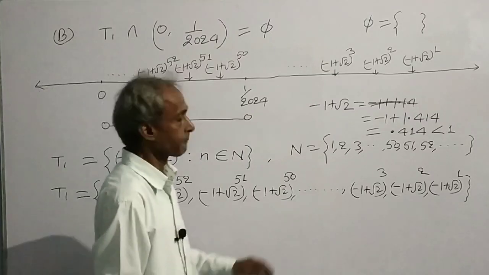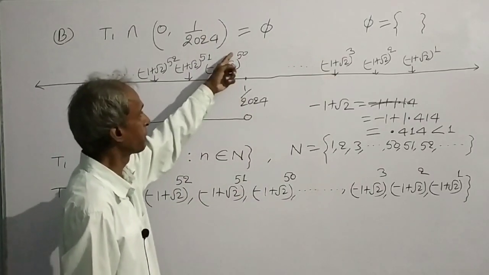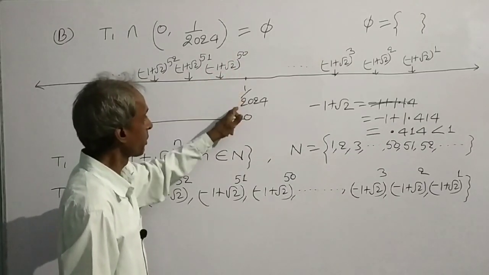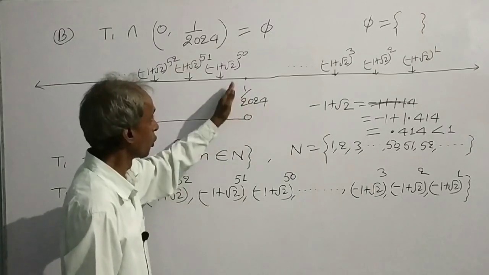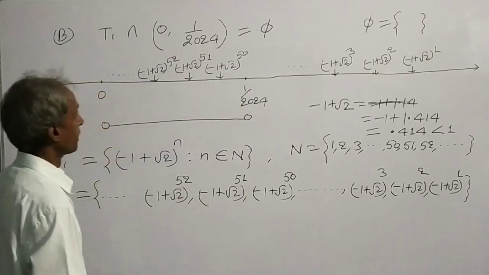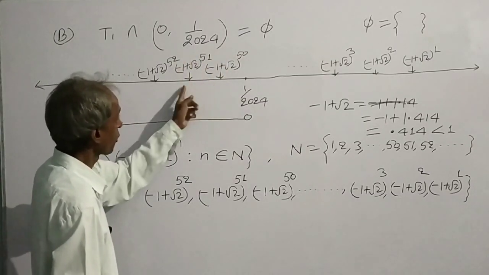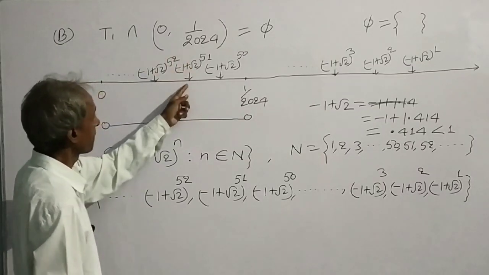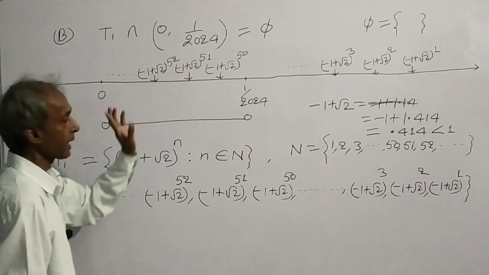In this way, when we increase the power, suppose we write 50, then this number will be smaller than this 1/2024, that is on the left hand side. Similarly, power 51 will also be on the left hand side, and so on.